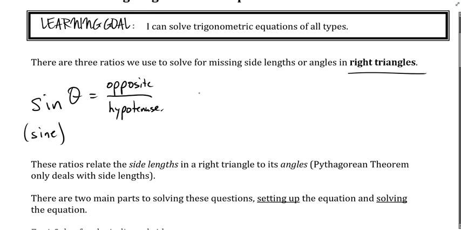Okay? The second one is COS, and that stands for cosine. You can call it cos, that's fine. Again, of this weird symbol, equals adjacent over hypotenuse. Now this is what you want to write down 100%.